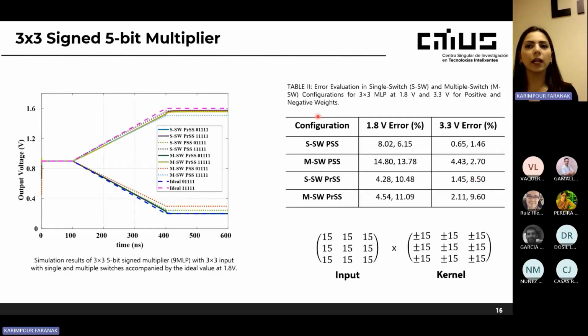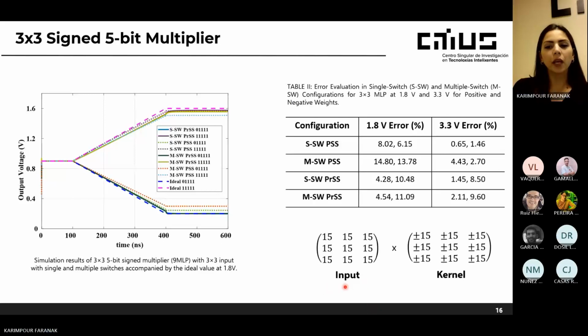In this slide, we analyze the 3x3 multiplier circuit with maximum input values. All multipliers have input values of 15, representing the highest time value, and the 3x3 matrix kernel has values of 15 for positive and negative bits.